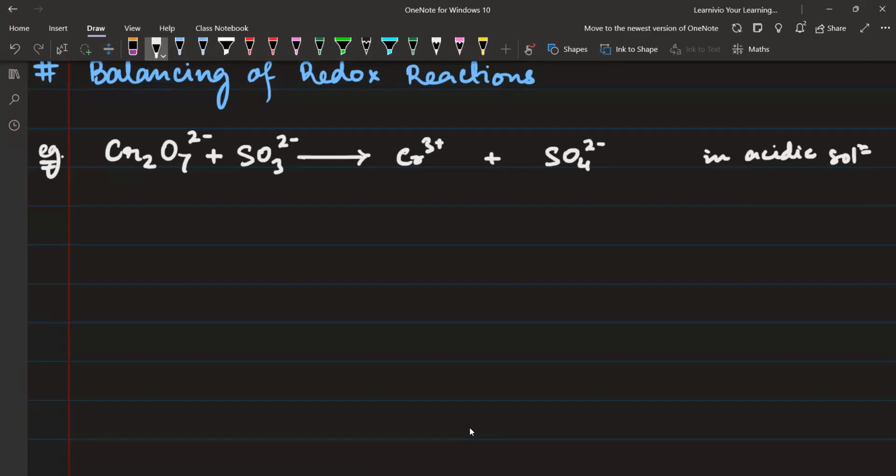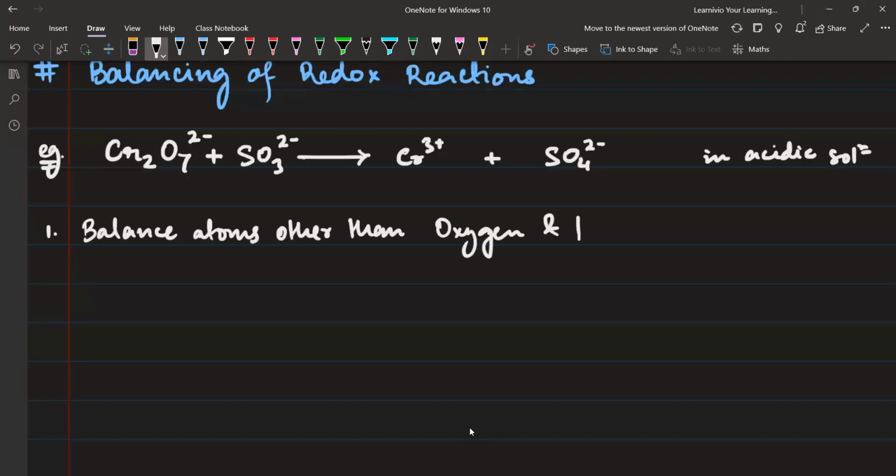Now, the first thing that you have to do, let's write it one by one. First of all, you need to balance atoms other than oxygen and hydrogen.